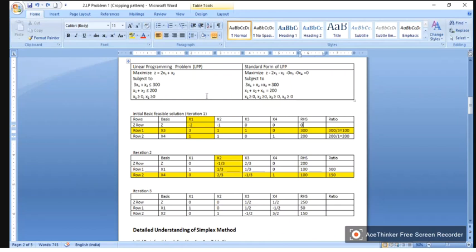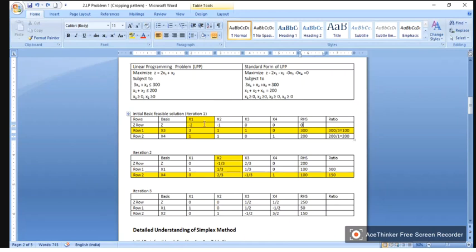If you increase the x1 value, can you improve the z value? x1 has the coefficient of 2 in the objective function. So if we increase the value of x1, automatically z value will improve.